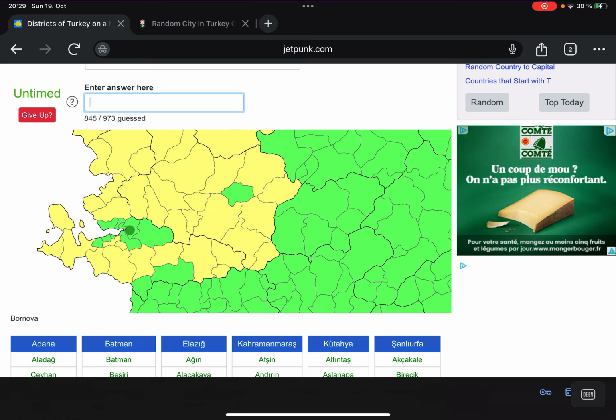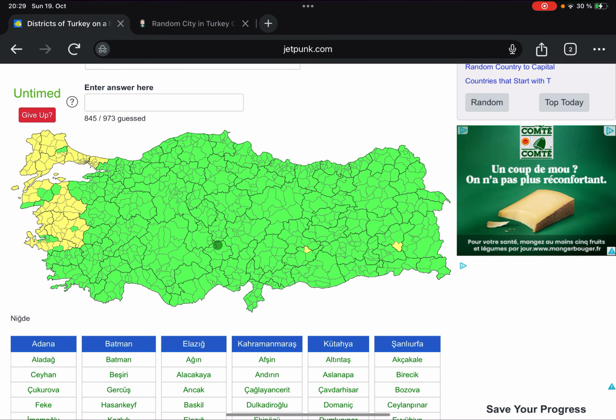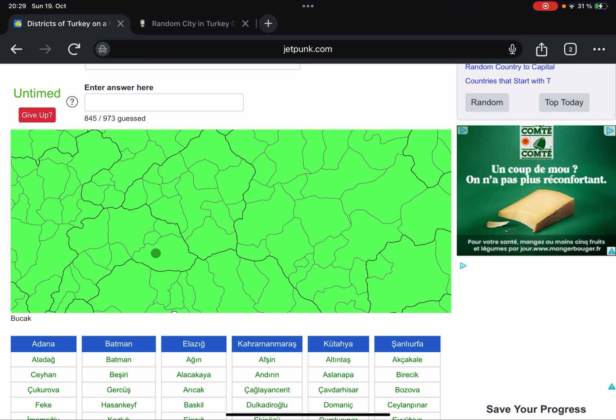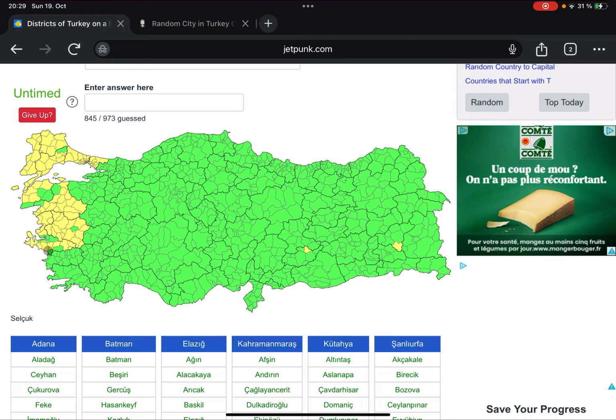So all of these districts, and I think even Bornova is also, all of these I think are also part of the city. Bornova, Buca, which was already entered when we tried to name Bucak for the district in Burdur over here.